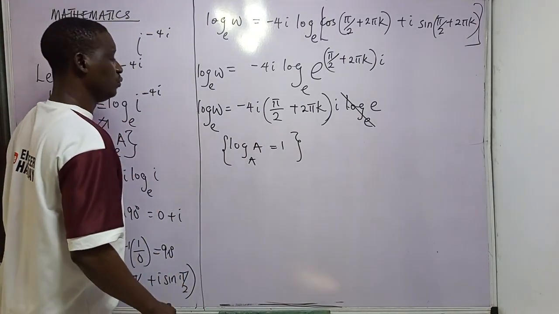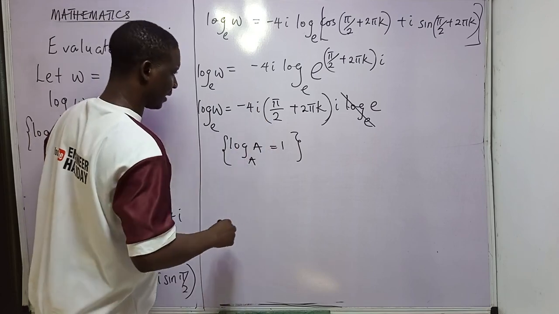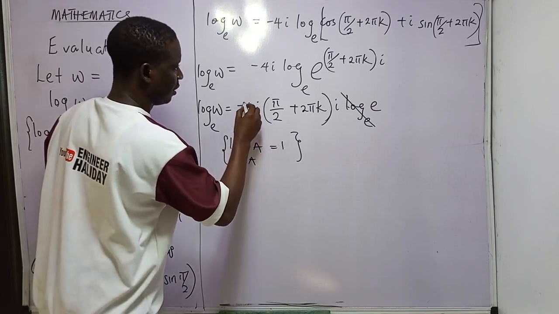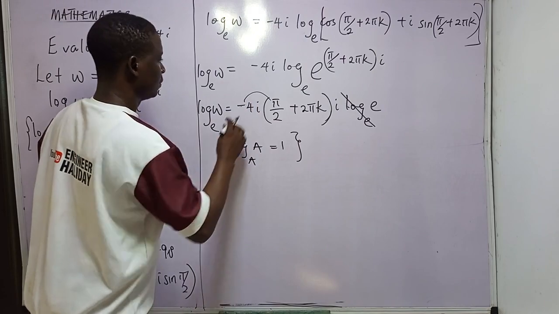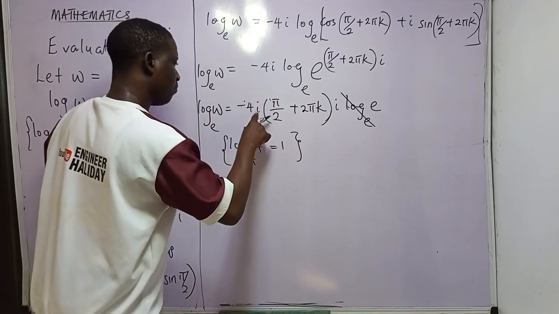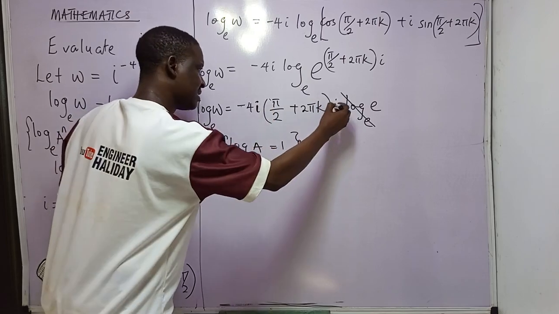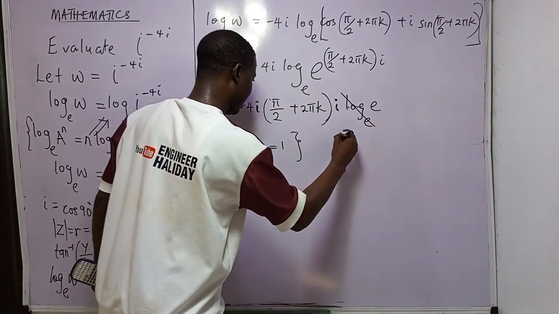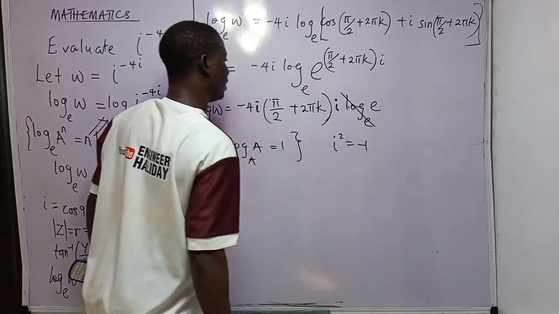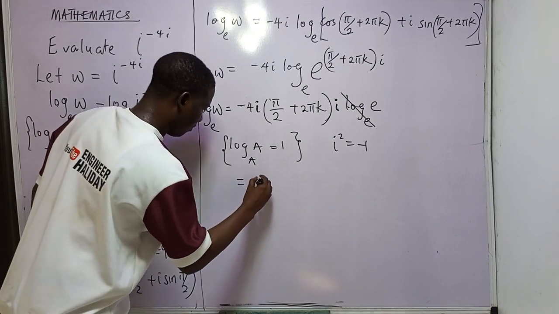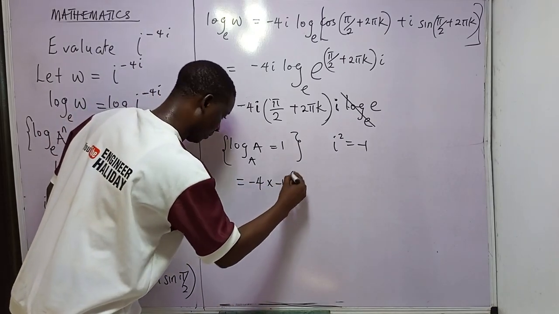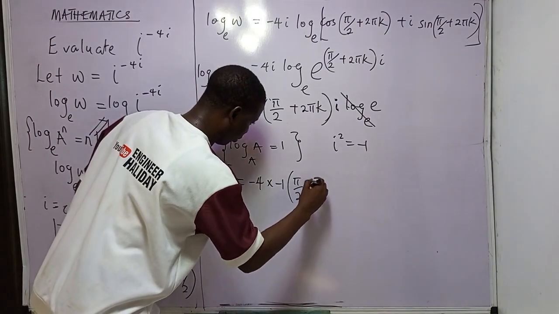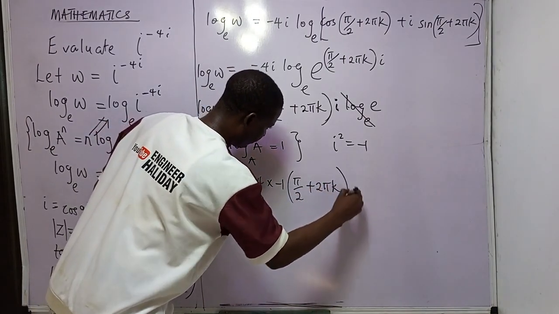So now what do we do? Let us open the bracket. There is i here, and there is still i outside here. i times i is i squared, and i squared is minus 1. So we're going to have minus 4 times minus 1, bracket pi over 2 plus 2 pi k.